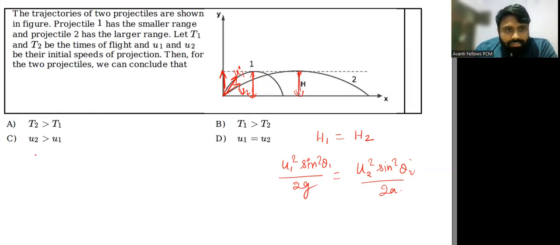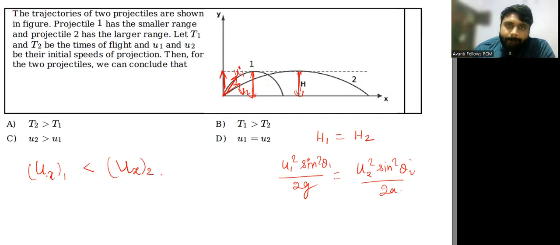In the horizontal direction, there is no acceleration, so these are constant velocities. So if 2 is covering more range than 1 in the same time, then what can we say? That ux1 is definitely less than ux2, which means the horizontal velocity of 1 is less than the horizontal velocity of 2.